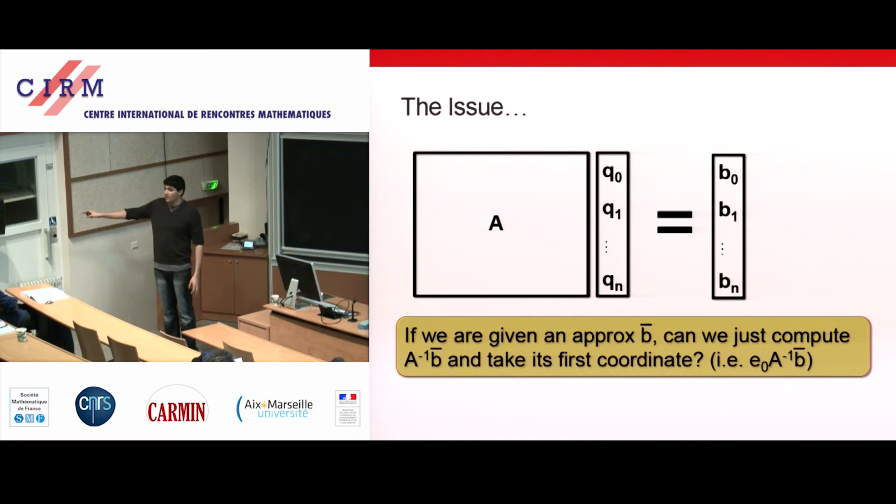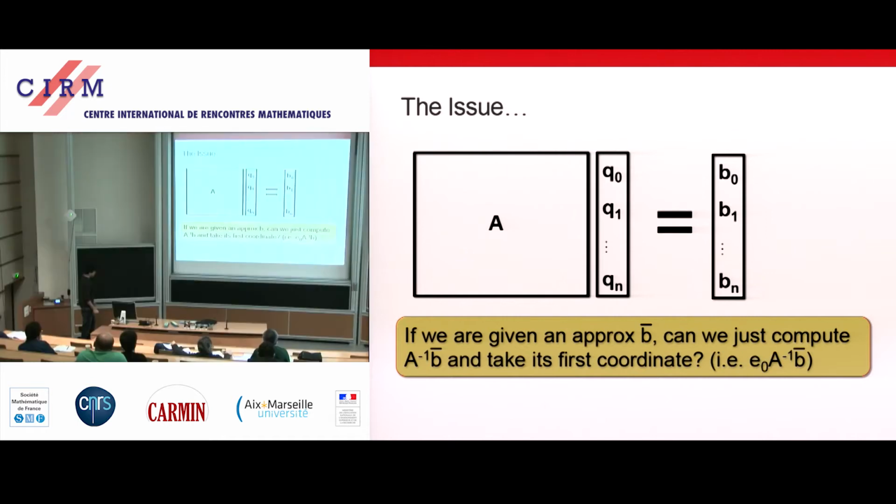If I knew B, the game would be over, and I would take A inverse and find Q perfectly, and I would be done. But the issue is that A is upper triangular, and it's exponentially ill-conditioned. In fact, it has exponentially small values along the diagonal, because the entry along the diagonal is the probability that you start off with i 1s, and you end up with exactly i 1s as the output. You don't delete any of them.